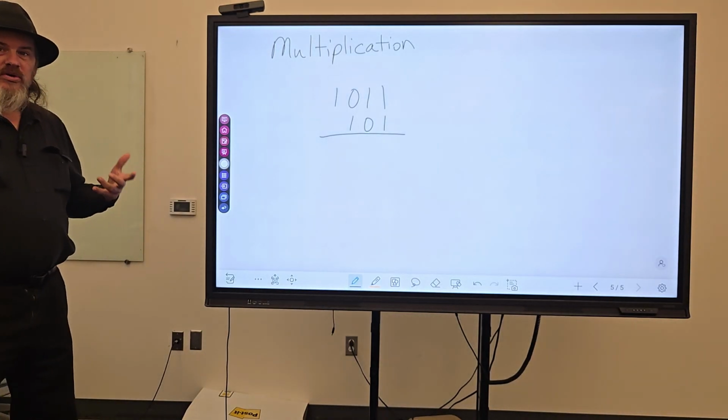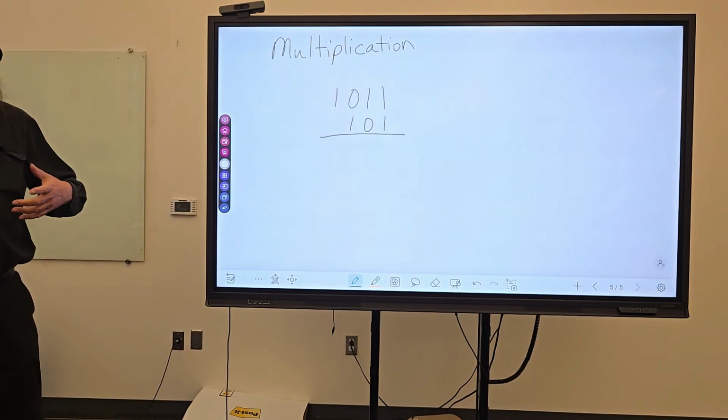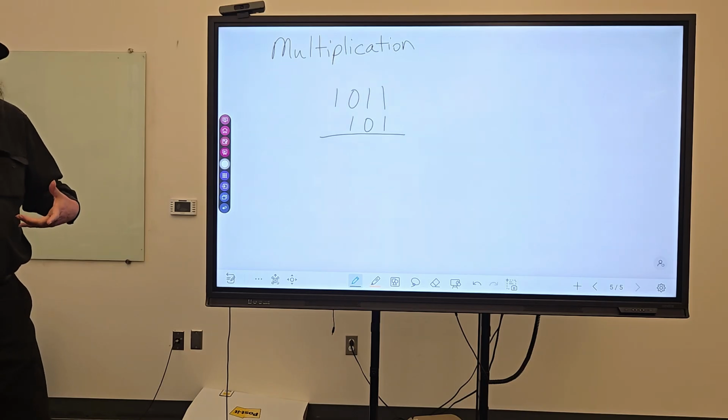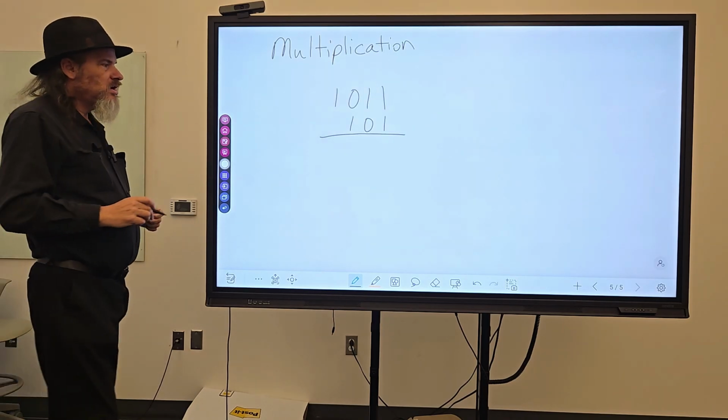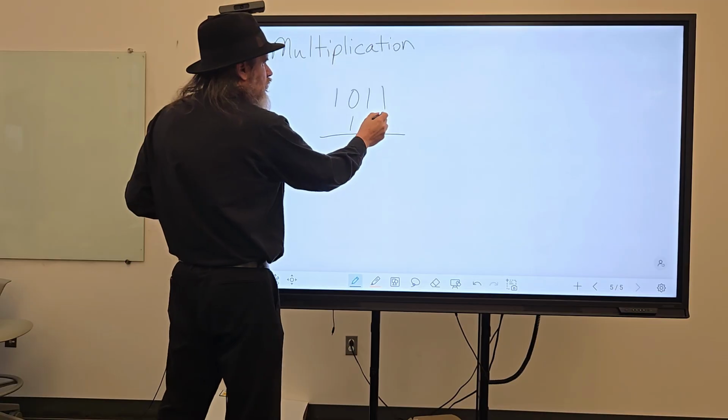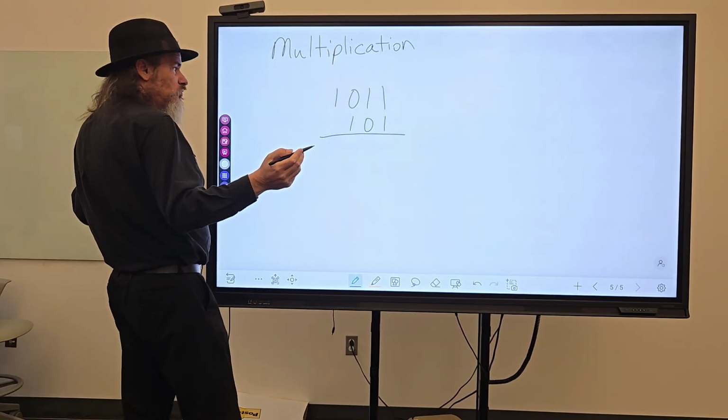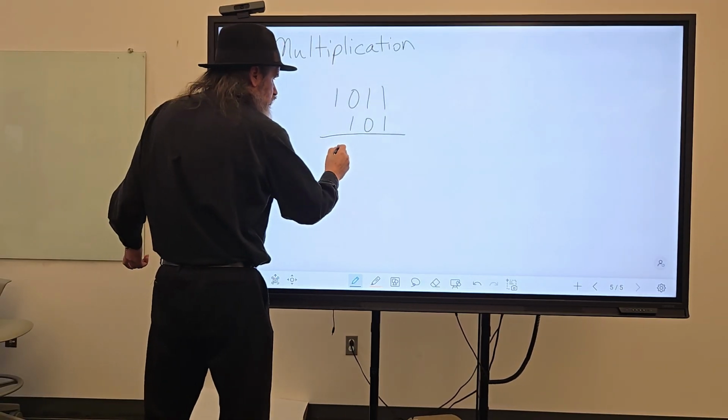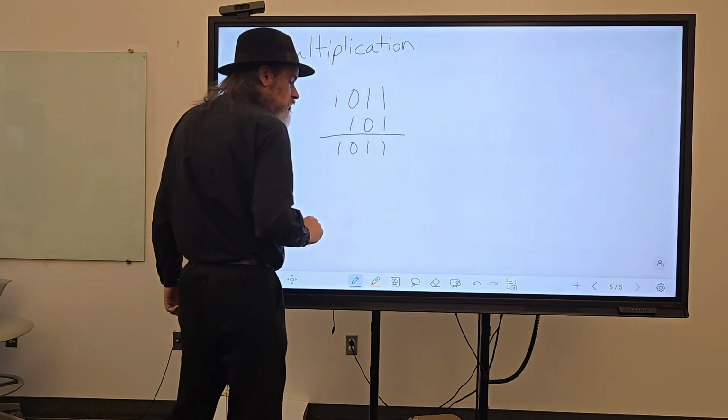Since you're only dealing with ones and zeros, the multiplication is a lot easier. So you have 1 times 1011 is going to be 1011.